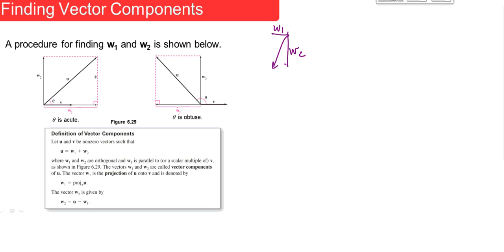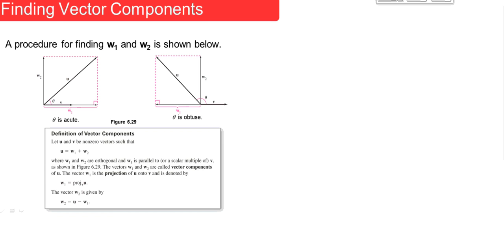This is our new picture that we're going to use. Here's W1 going that way, W2 is going that way, and the u that's the sum of them is going that way. There's an obtuse version, but we're just going to go through this acute version as we talk about things.